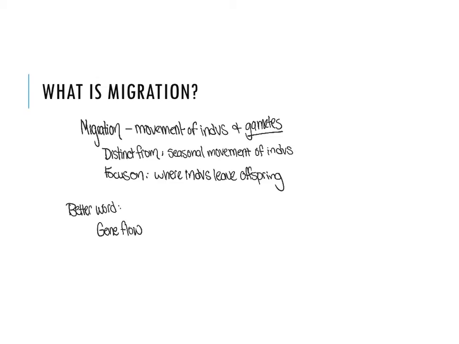And I'll switch between the two of these during this unit. But we mean gene flow when we talk about migration. So gene flow is the mixing of alleles from different populations. And this is the evolutionarily significant type of migration.